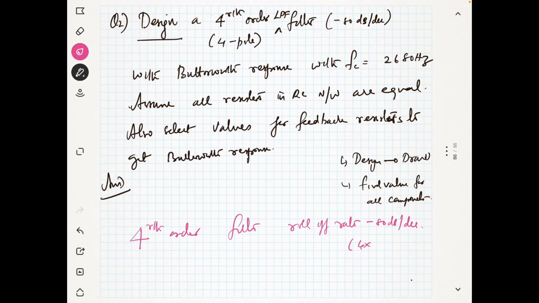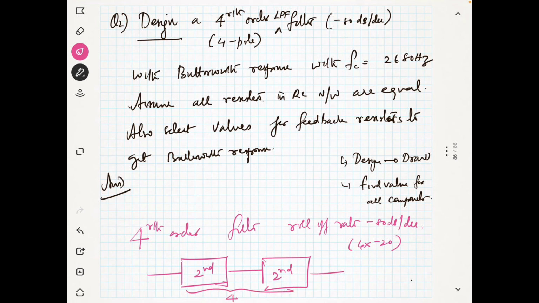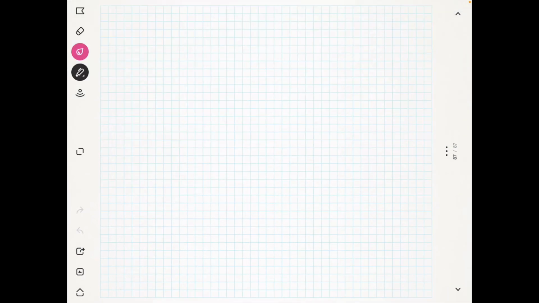It is 4 into minus 20, that is minus 80 dB per decade. So you can use 2 second order filters. Second order we know how to design, it's very easy. So with second order filters, you will get 4th order. So this is your V in and you will get the V out here. So we will just use our circuits.